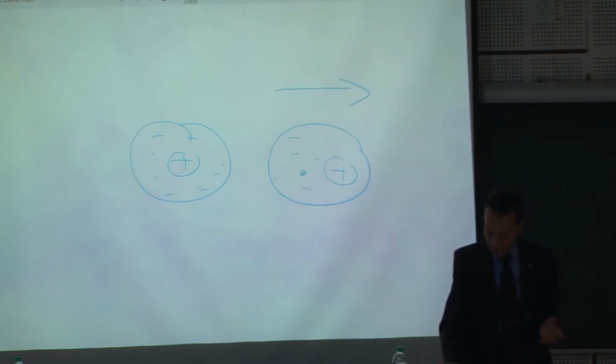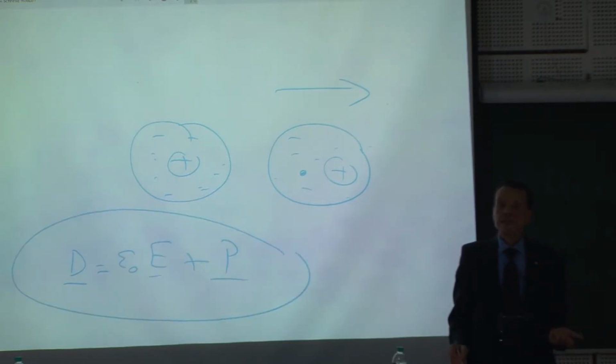Right? Now I have a dipole. And this dipole will oppose the original electric field. This opposing effect is averaged out, and now I have D, the flux density, is epsilon naught E plus P. So this is the definition, or the way you define it. You assume that this microscopic behavior is averaged out, giving rise to this epsilon of XYZ.